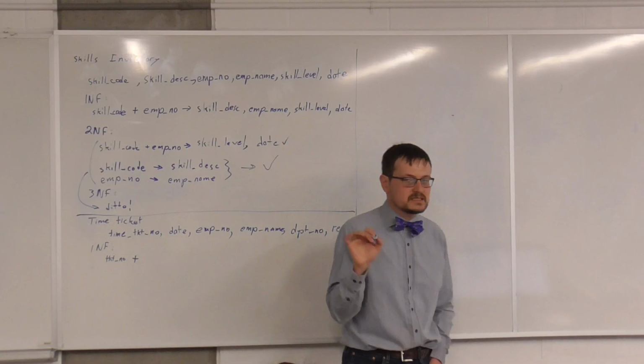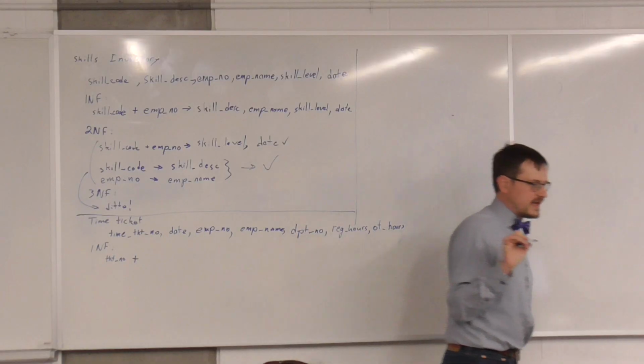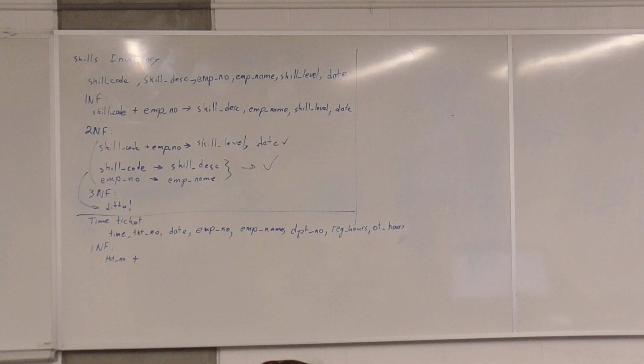Now, it does make an assumption. We have to make sure that we can't have the department number listed twice here, right? So, if you work 2 hours in the morning and 2 hours in the afternoon, that would need to be reported as 4 hours, right?